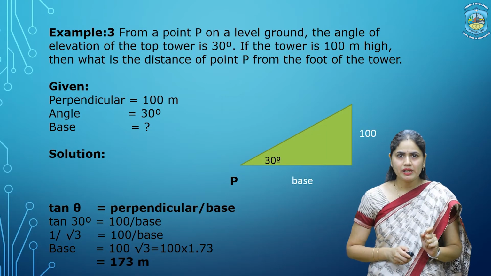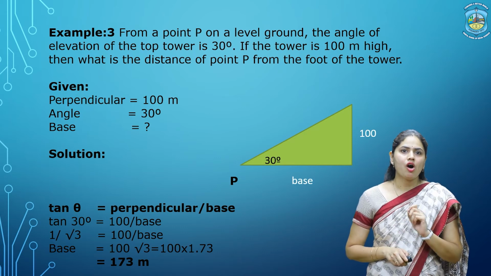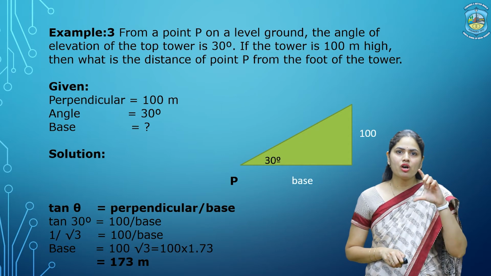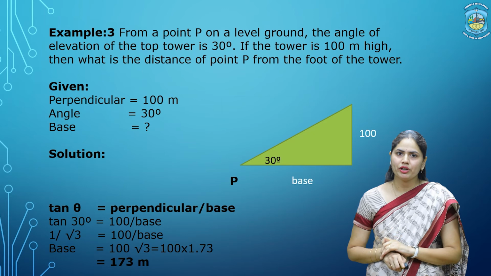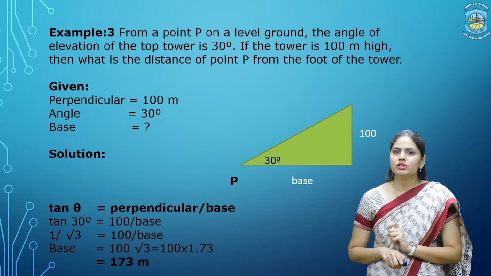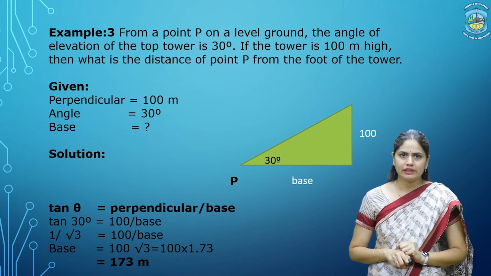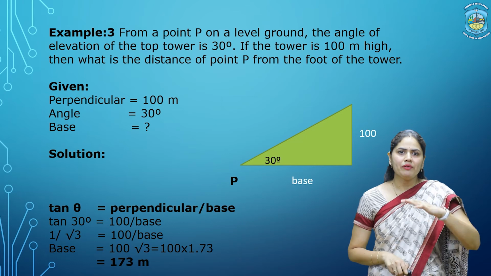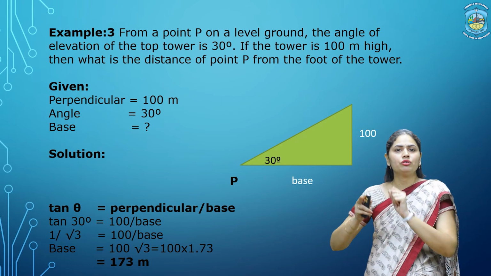The example is, from a point P on level ground, the angle of elevation of the top of a tower is 30 degree. If the tower is 100 meter high, then what is the distance of point P from the foot of the tower? Now in this example, the angle is given as 30 degree, the height of the tower is given as 100 meter, and we need to find the distance from point P to the foot of the tower.